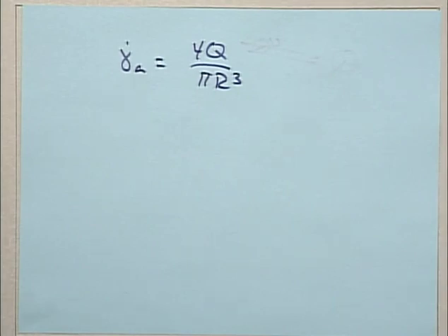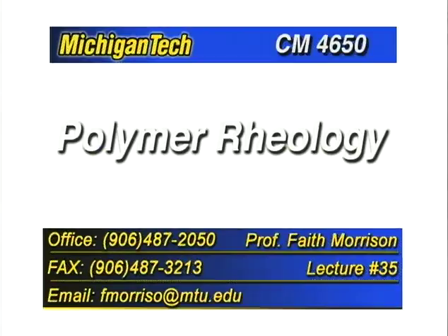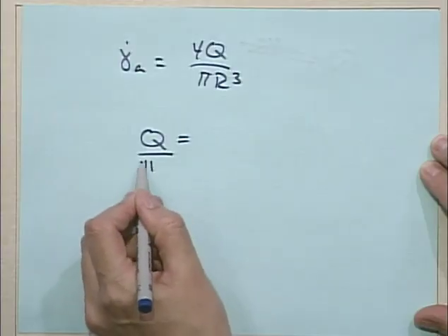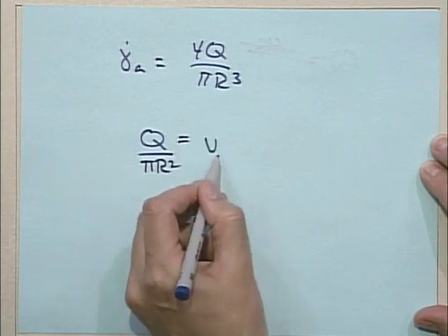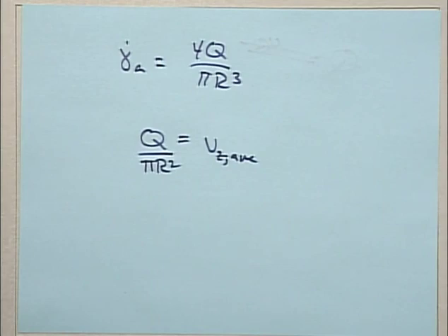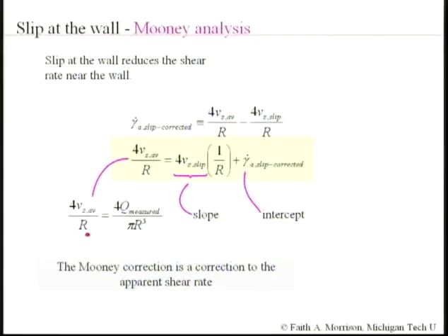And that would be what I'm writing here. The measured flow rate gives an apparent wall shear rate here. This I can write as the average velocity because I can relate flow rate to average velocity through the usual way. And so 4Q over pi r cubed becomes 4 V average over R.